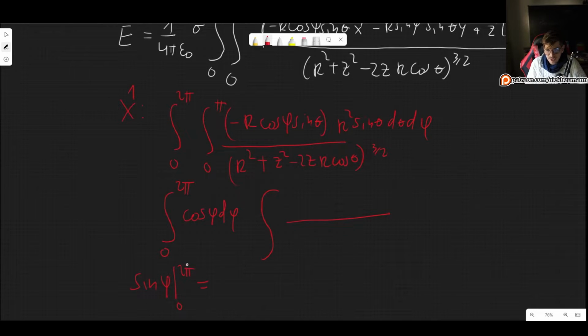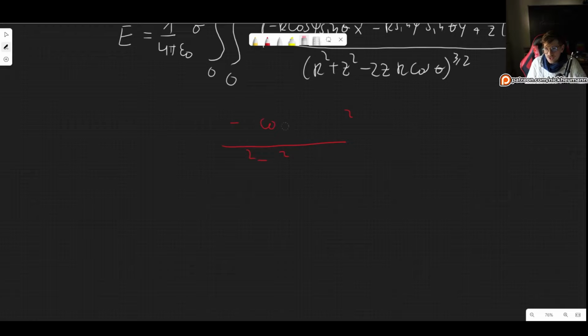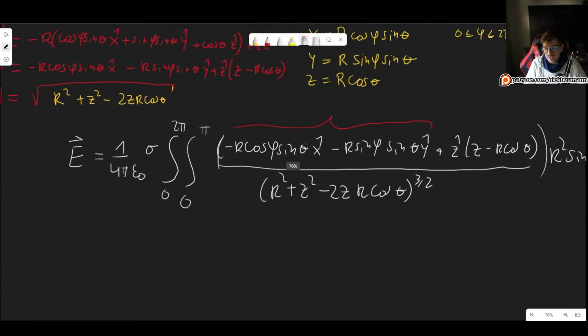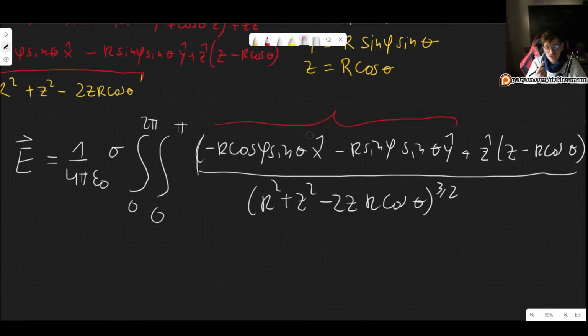But sine of phi at 2 pi is 0 minus sine at 0, which is also 0. So this part is 0, which means we are multiplying the other integral by 0, which also gives us 0. So we don't have to worry about any of that. Thus we see that the x contribution does end up cancelling out because we are going over the entirety of the sphere. If our limits of integration had been different, that would have been different as well. So this part is 0.